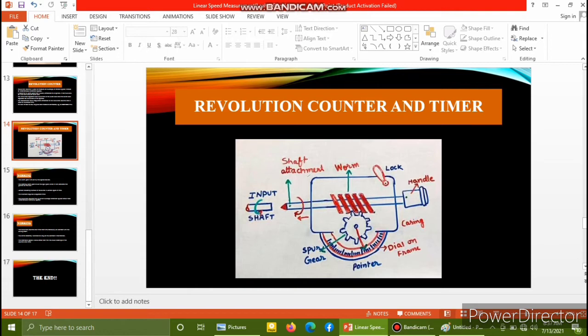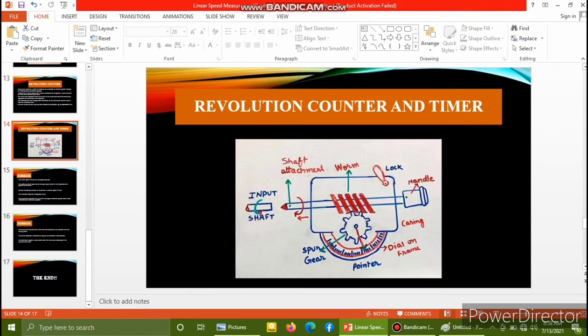But what I suggest, to get the accurate average speed of an engine, is that if you just count by yourself while trying to measure the revolutions, it is not accurate, and you cannot be assured that it is really the average speed of the engine.